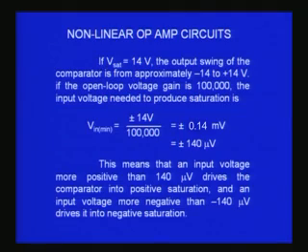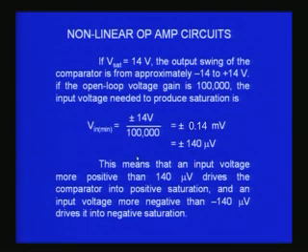So, I have taken a typical example to show it to you. If Vsat is, let us say, 14 volts, the output swing of the comparator is from minus 14 to plus 14, and if the open loop voltage gain is 100,000 as we took as a typical value, the input needed to produce saturation is plus or minus 14 volts divided by 100,000, and that is equal to plus or minus 0.14 millivolt, which is about 140 microvolt.